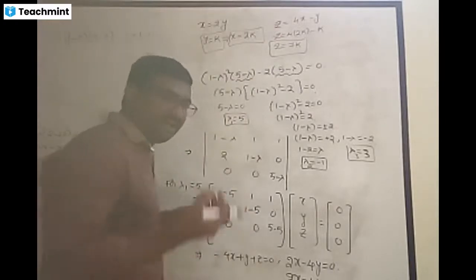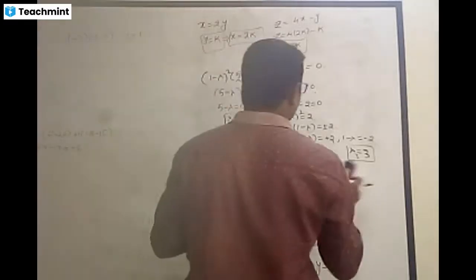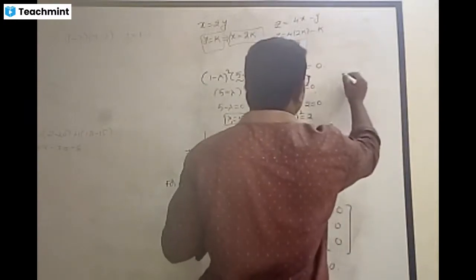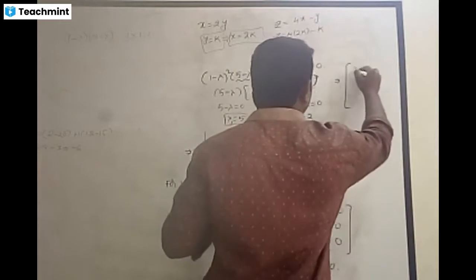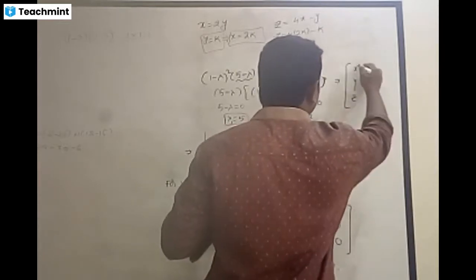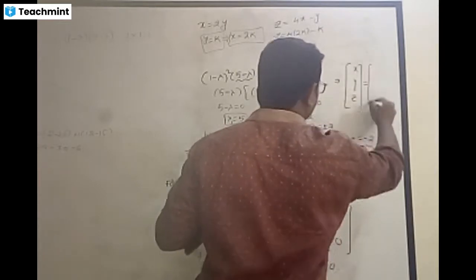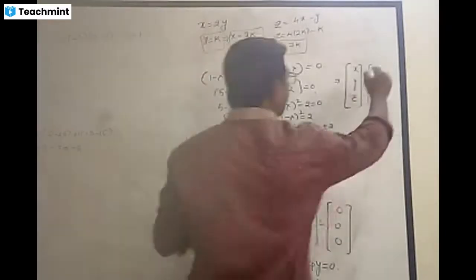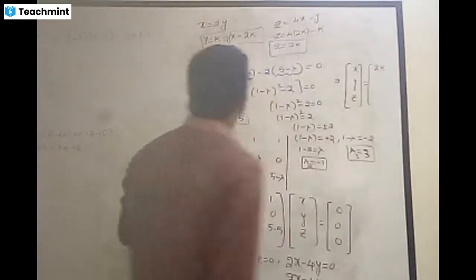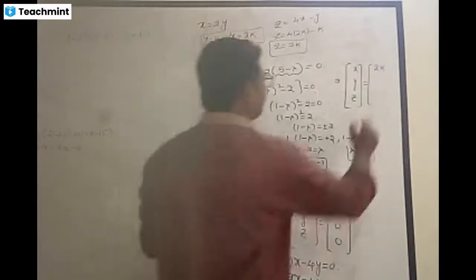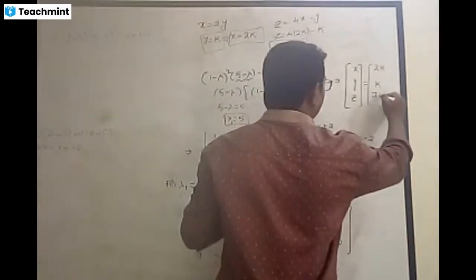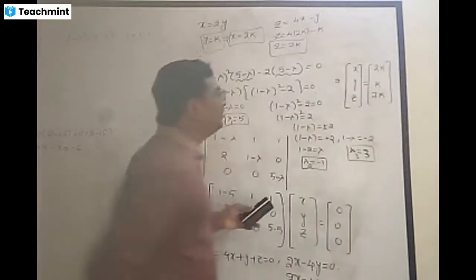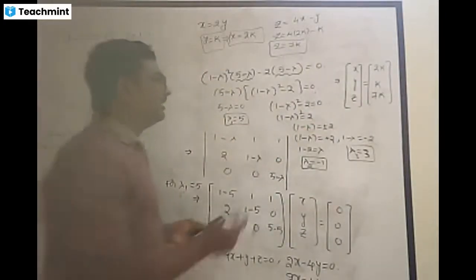I can write the eigenvector from this. How to write the eigenvector? x, y, z, where x equals 2k, y equals k, z equals 7k.